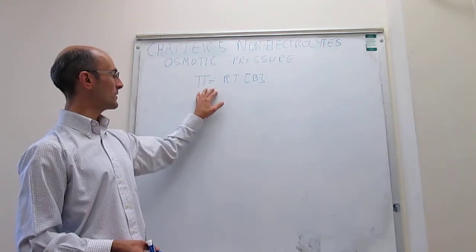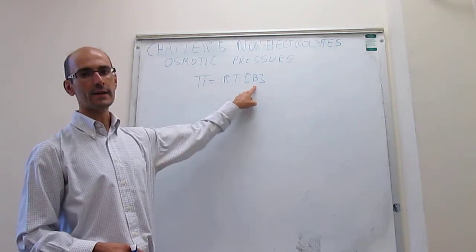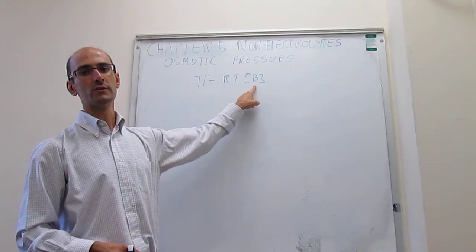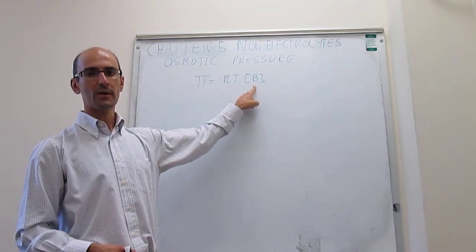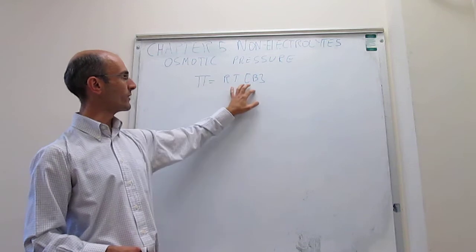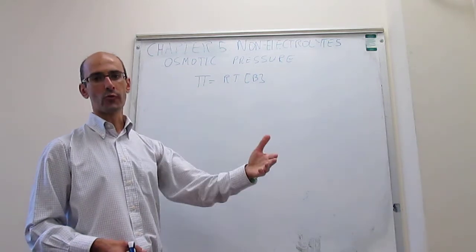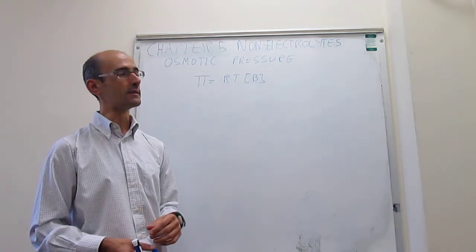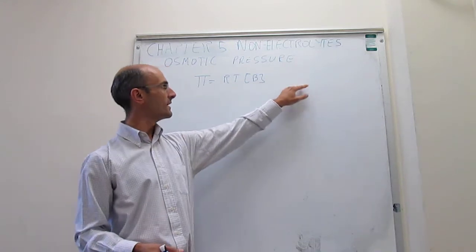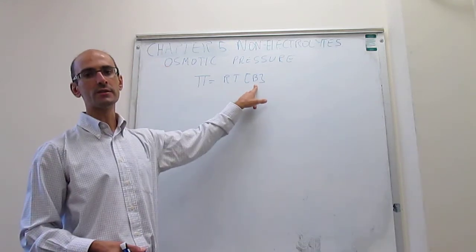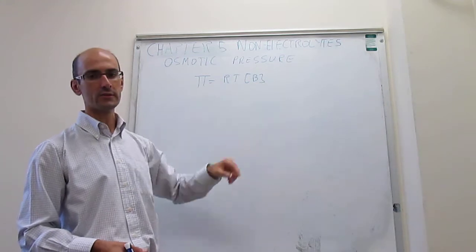Now, when you look at this expression, you will be deviating from ideality if the molar concentration that you're handling is large. So one way to proceed and incorporate terms that allow you to correct for deviations from ideality is to add terms that depend on increasing powers of this molar concentration.